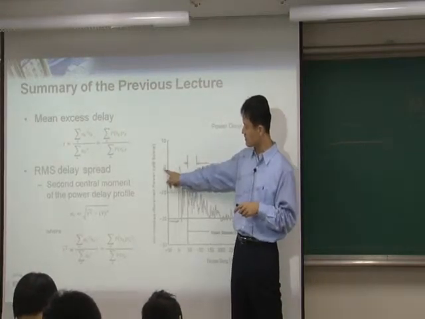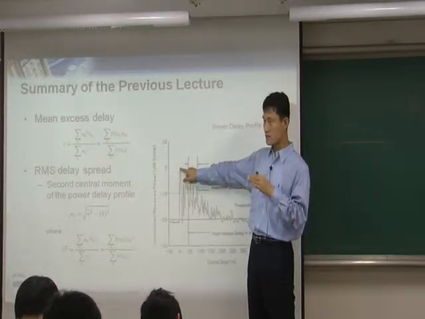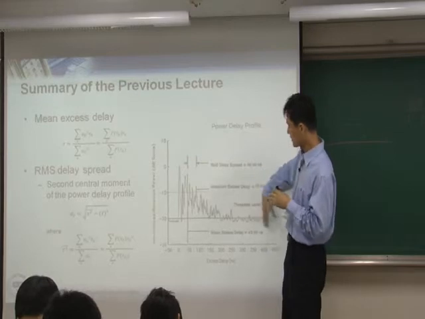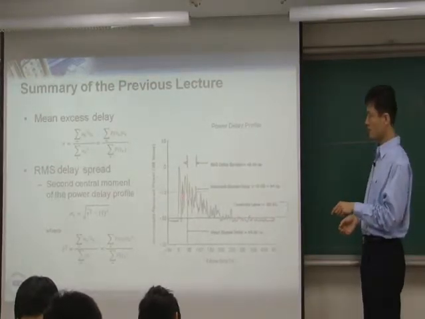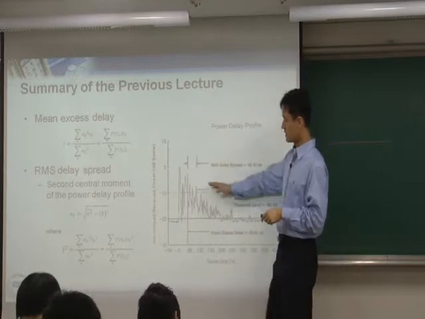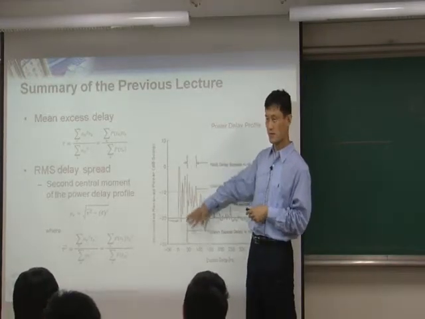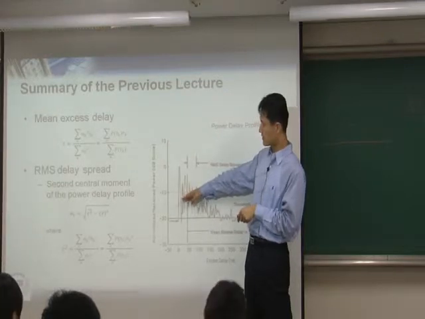So in dB scale, it's going to be 0 dB. So we use this one as the reference and change all of the scale based on that. The strongest one we make 0 dB, and all the others will be like minus 10, minus 20 dB, something like that. So that's what they mean by normalized.